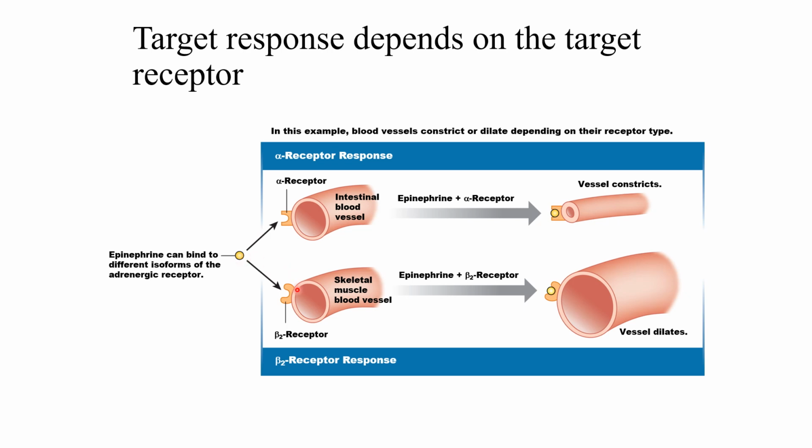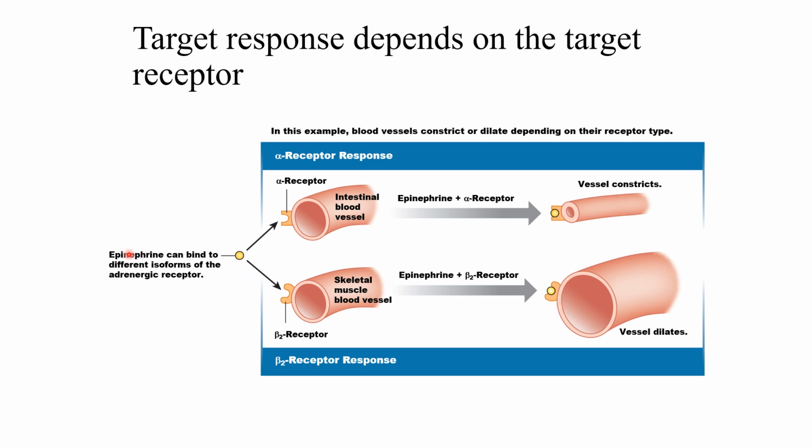When epinephrine binds to a beta 2 receptor, it's going to cause your blood vessels to dilate. So one more time, epinephrine can either cause your vessels to constrict or it can lead your vessels to dilate. But what determines whether your vessels are going to constrict or dilate is the receptor that epinephrine binds to.